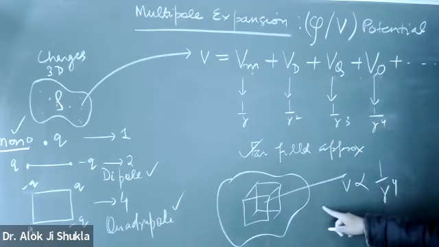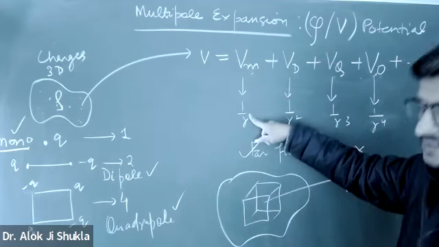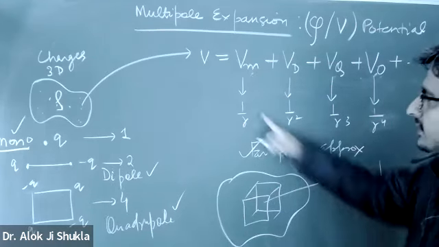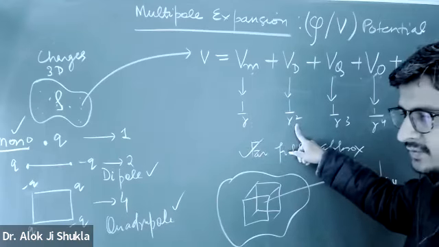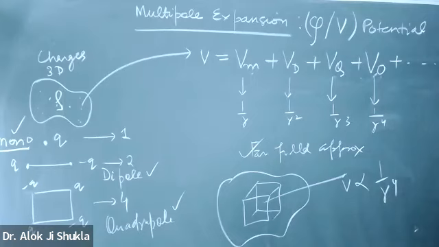So this will dominate. But in the same system, if this monopole is there, then this will dominate at large distances, because 1 by r is greater than 1 by r square is greater than 1 by r cube is greater than r to the power 4. This understood, everybody? This is called far field approximation.